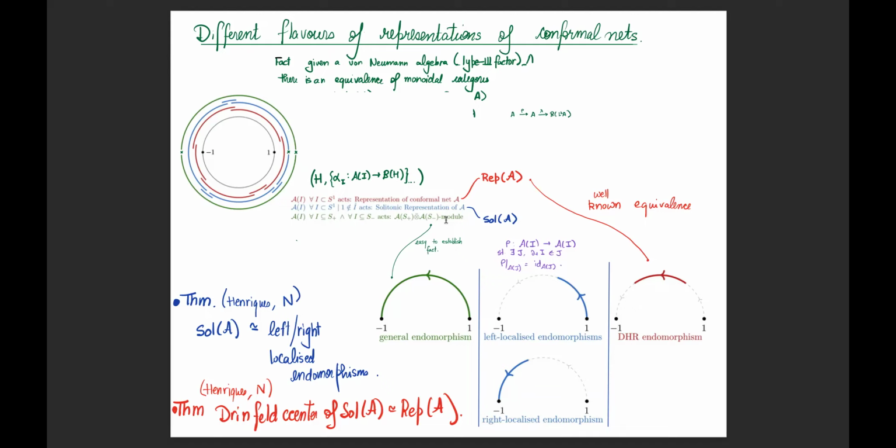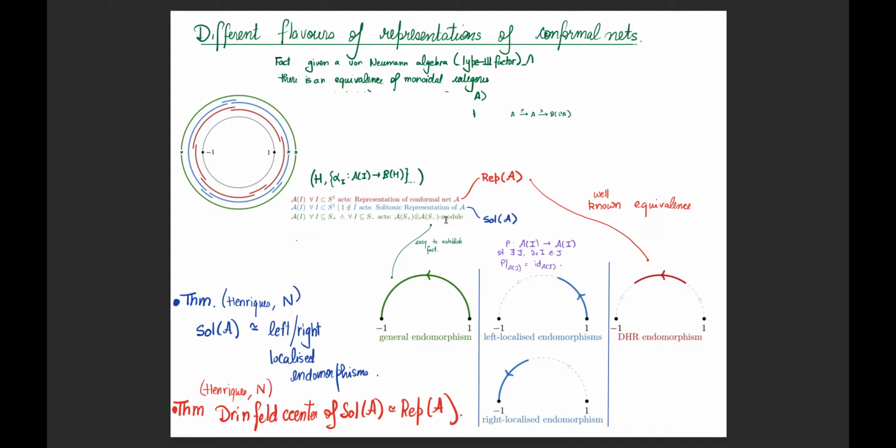One of the key theorems is that this solitonic representation category, which is of the flavor of Hilbert spaces with actions, is equivalent as a monoidal category to the left or right localized endomorphisms. There are two categories you can write, left localized and right localized, and all three of them are monoidally equivalent to each other.